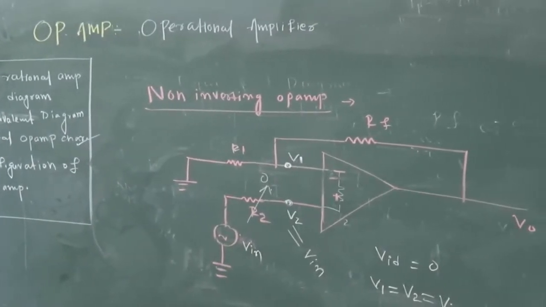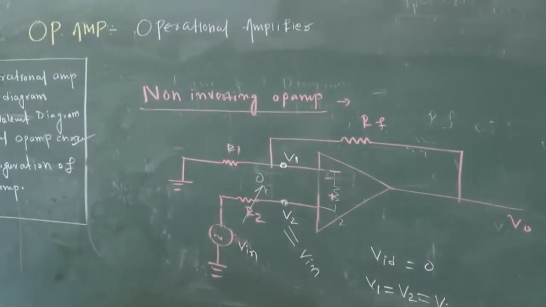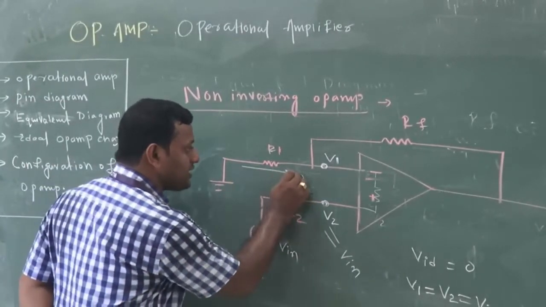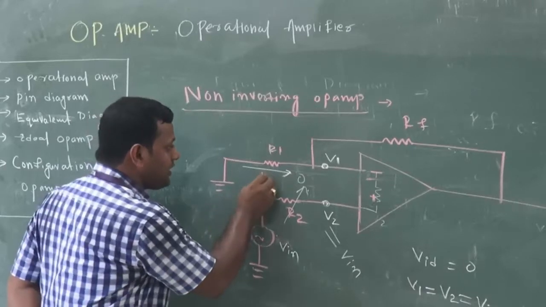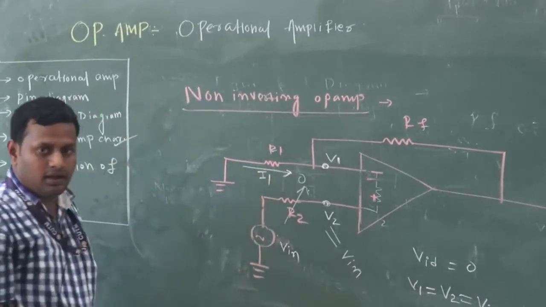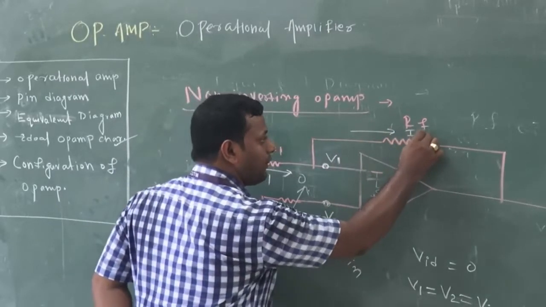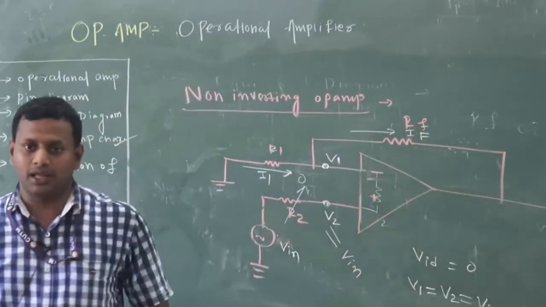Now the case is very simple. Again, the op-amp will not take any current. If the op-amp will not take any current, the current up here is equal to I1. There is no current, so this current is equal to IF. So I1 is equal to IF.